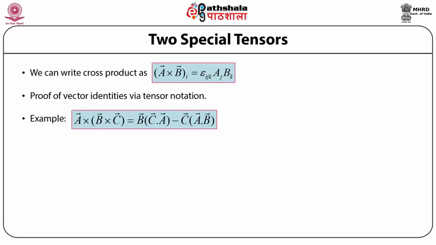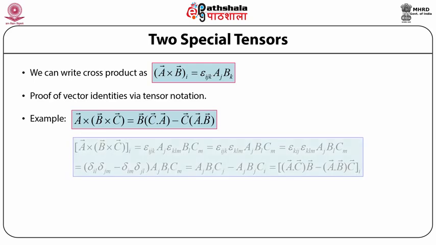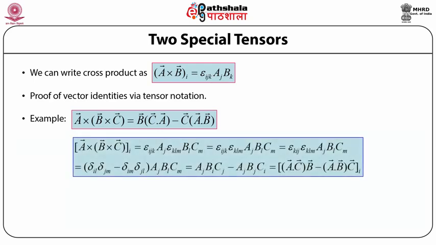In the tensorial notation, this vector triple product can be written as the i-th component of a cross within brackets b cross c is equal to epsilon subscript i j k times a subscript j epsilon subscript k l m times b subscript l times c subscript m.